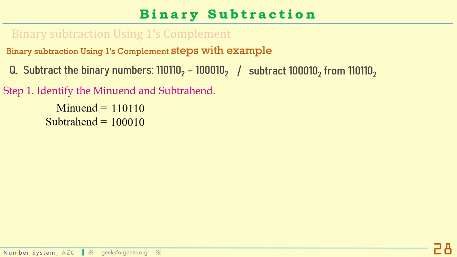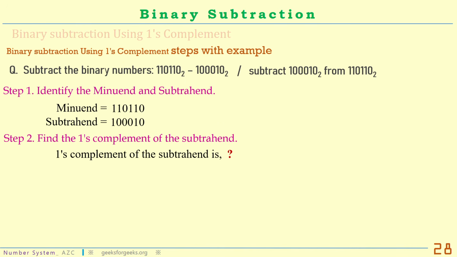Minuend is 110110 and subtrahend is 100010. Step 2. Find the one's complement of the subtrahend. The one's complement of the subtrahend is 011101.